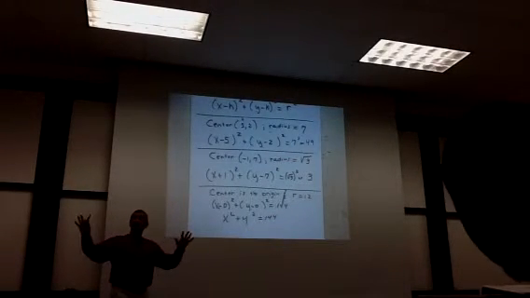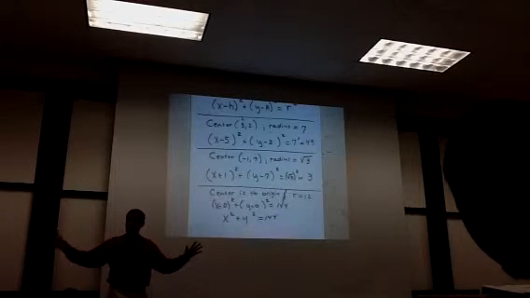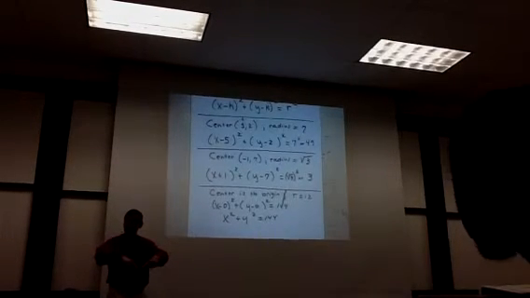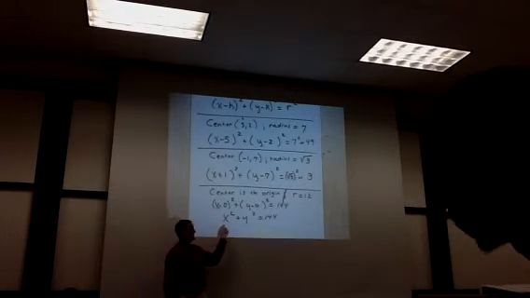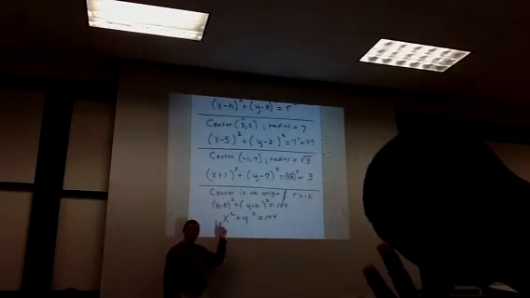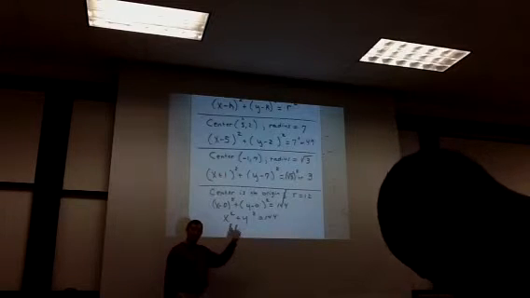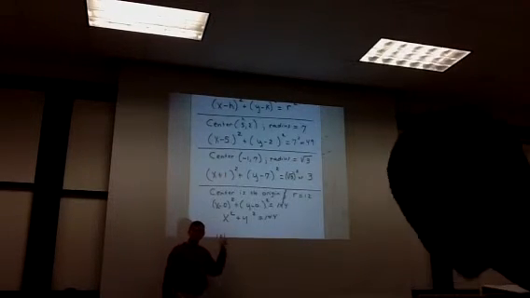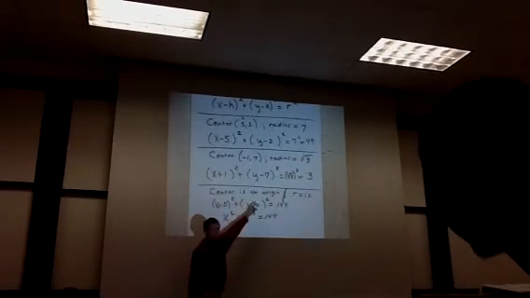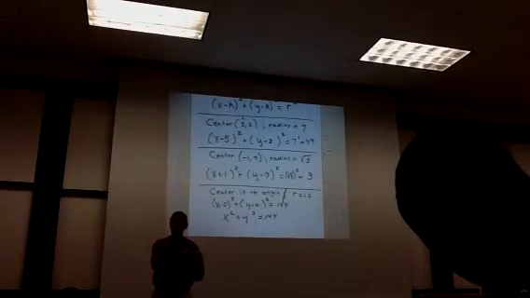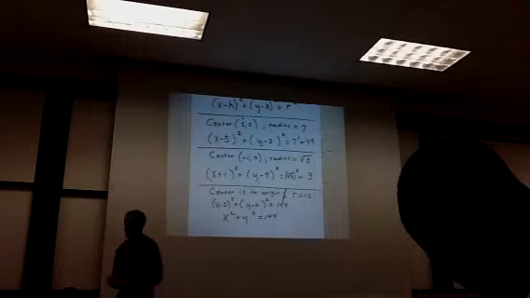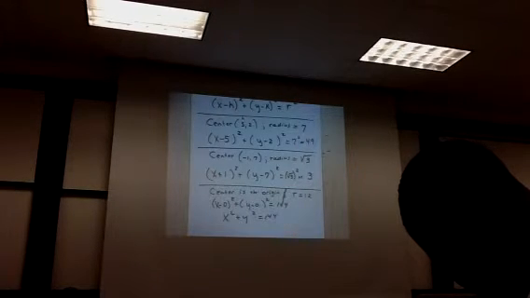So I have a general observation here. You ready for a general observation? Always has a particular application when we come to testing time. General observation, anytime you have an equation that starts out x squared plus y squared equals a number, it's a circle with center at the origin. X squared plus y squared equals a number, a circle with center at the origin.